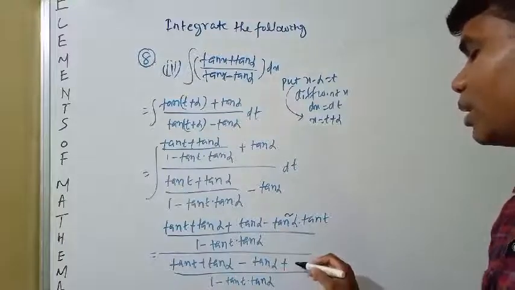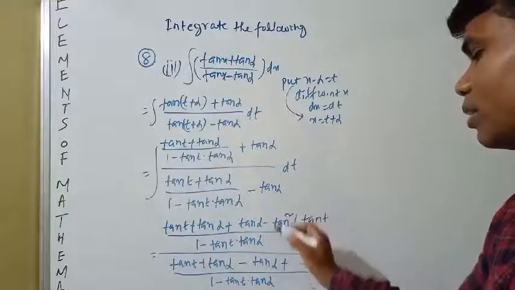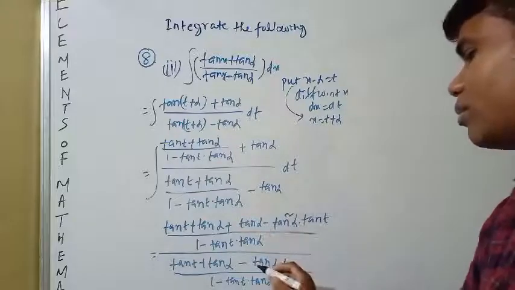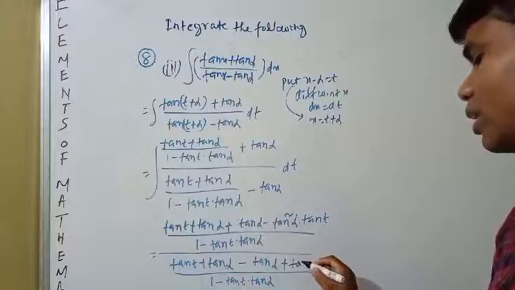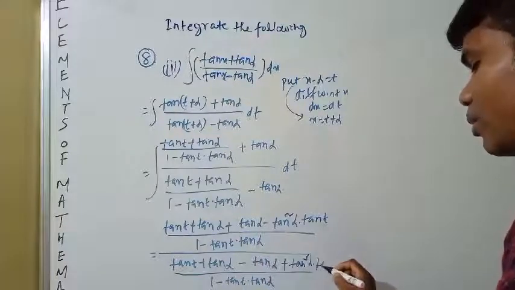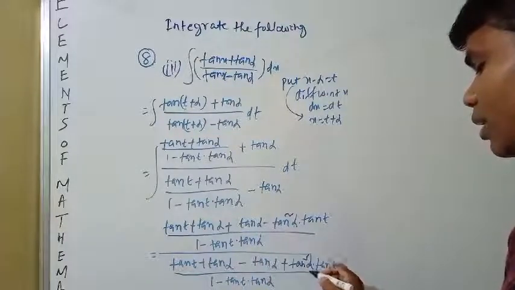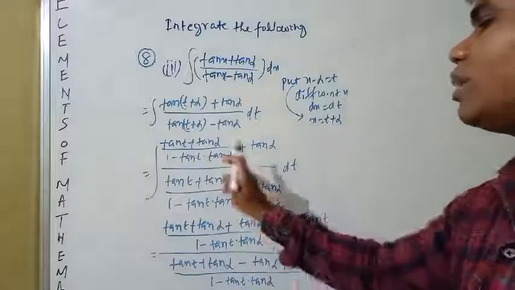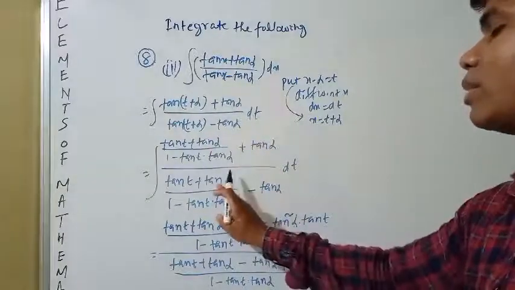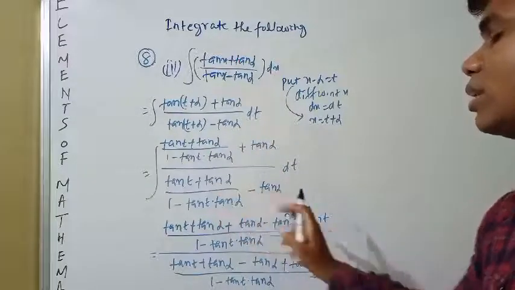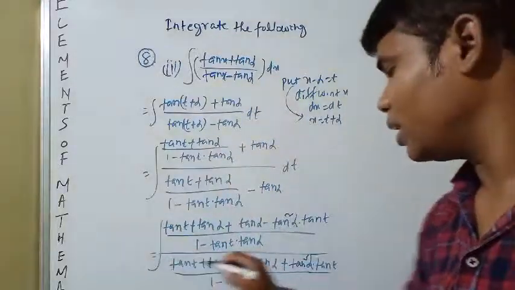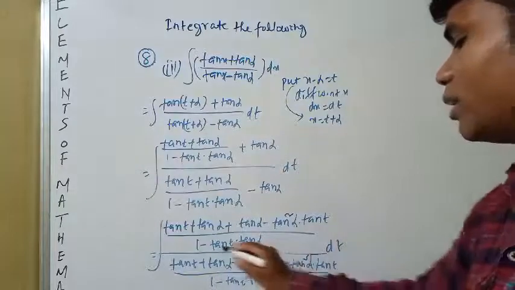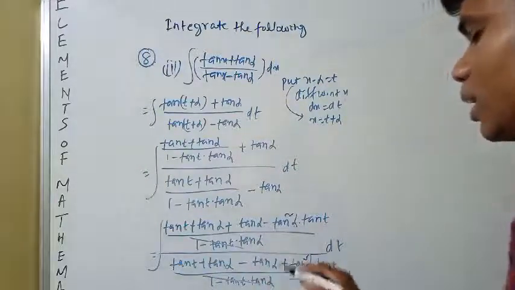Here we have minus tan alpha, which gives tan square alpha into tan t. I have added these two, and subtracted from this, and added these two. Here, in the integration dt, you see these two will cancel out.